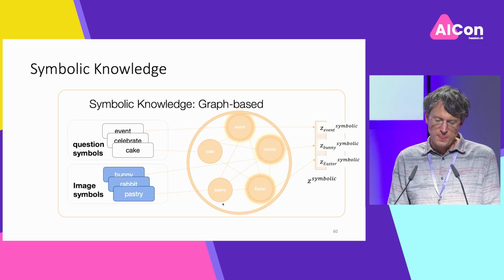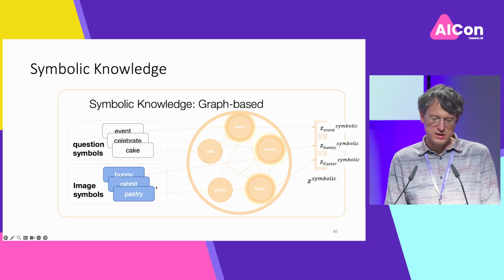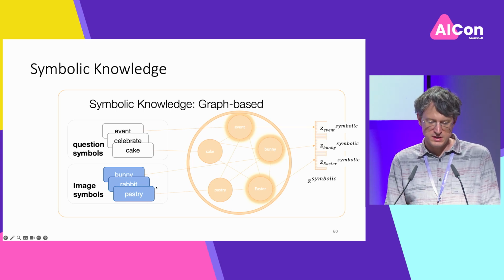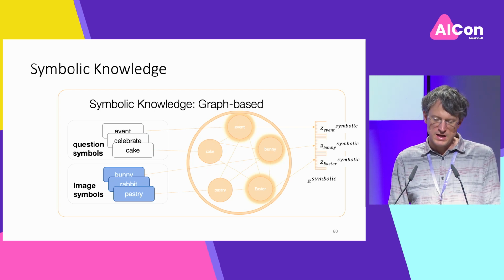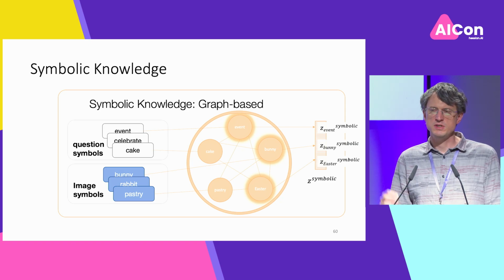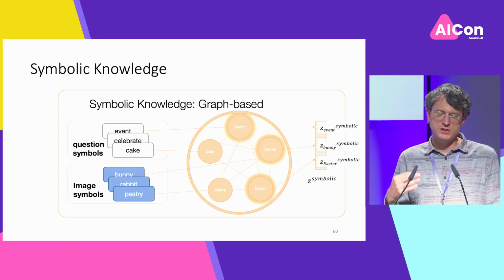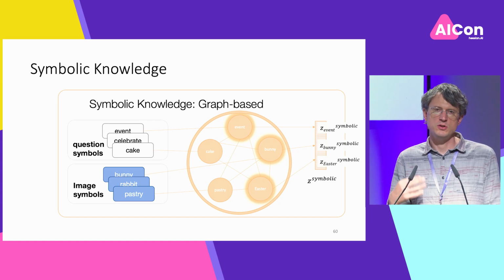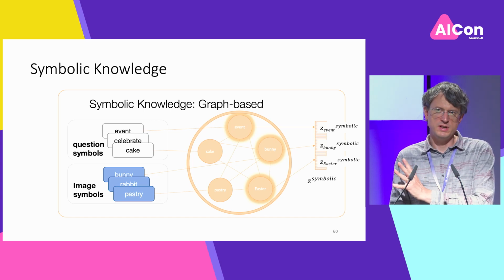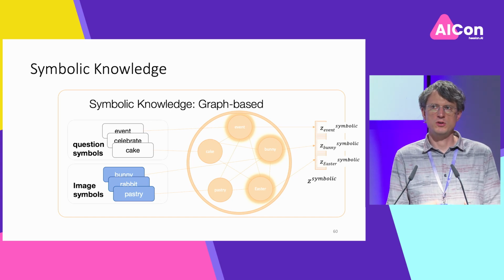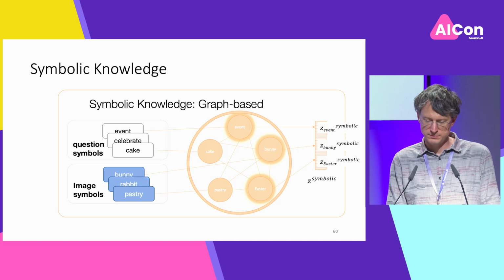Importantly, what we extract on the left are the question symbols and the image symbols, and then we reason in this graph, which are all basically symbols, up to the answer space, where each set represents an answer location. So each of the answers is also a symbol. We have a complete reasoning in the answer space, which helps us not lose this symbolic content.